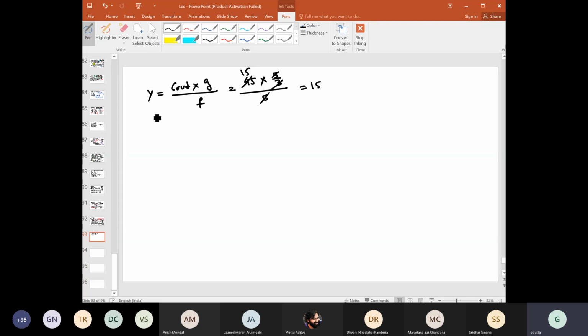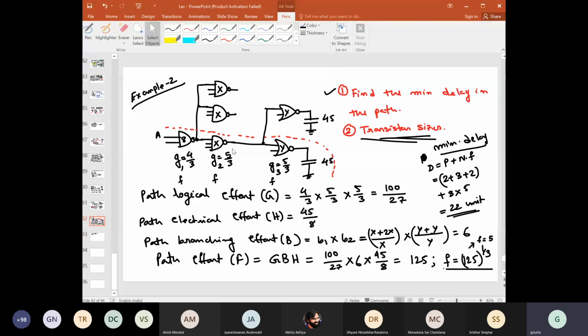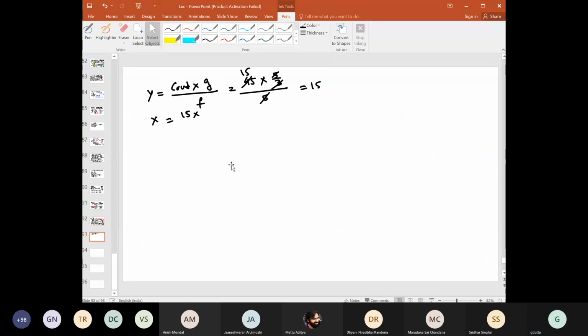Now Y has been driven by this X, right? So this 15 would be the C out for this, into G. G is the logical effort for this, oh sorry, this is the 3 input NAND gate, and the logical effort here is also 5 by 3, divided by F. F is also 5.